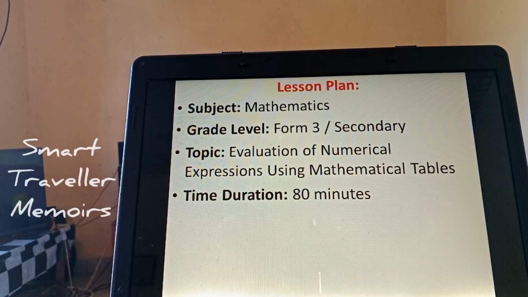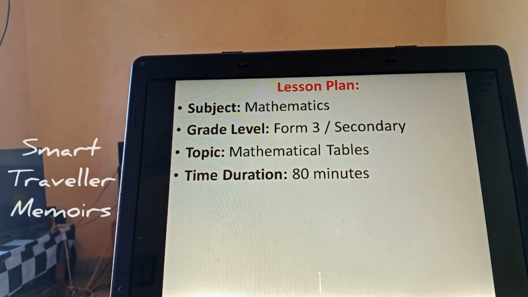But specifically in this one, we are looking at the mathematical tables. All right. So I've just changed there that the topic is mathematical tables specifically. It's not really evaluation. And we expect the teacher to take about 80 minutes. That's roughly an hour's lesson.